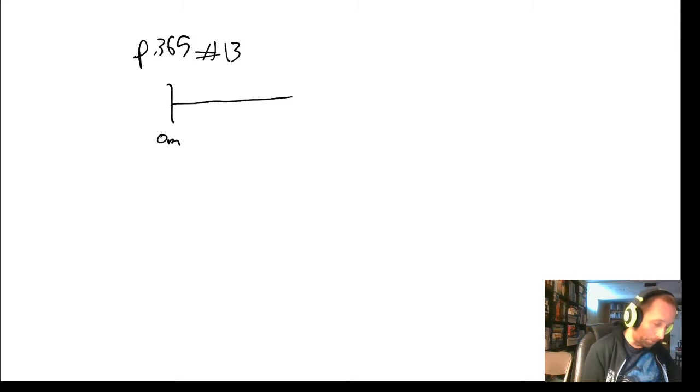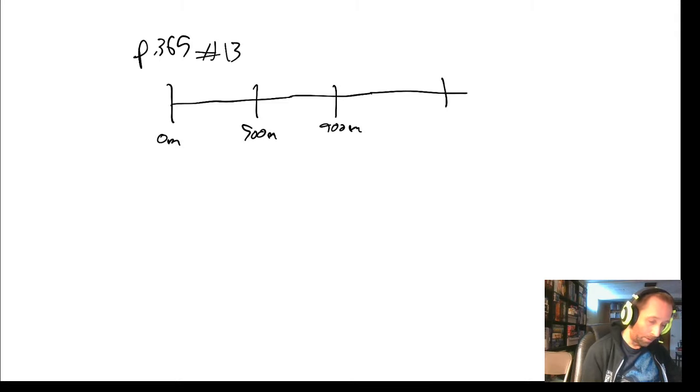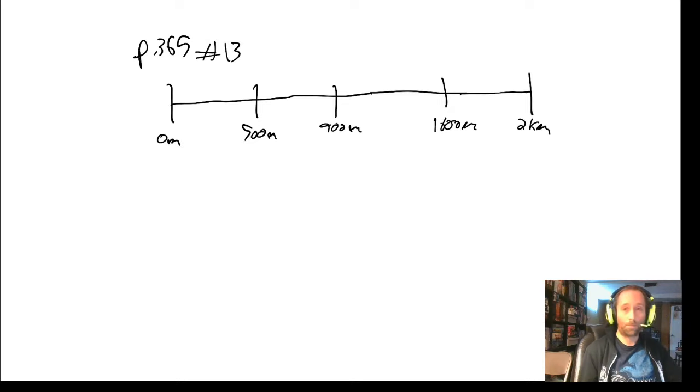It mentions that there are 3 checkpoints. There's one checkpoint at 500 meters, a checkpoint at 900 meters, and a checkpoint at 1600 meters. And then the whole race ends at 2 kilometers, which is the same thing as saying 2,000 meters.